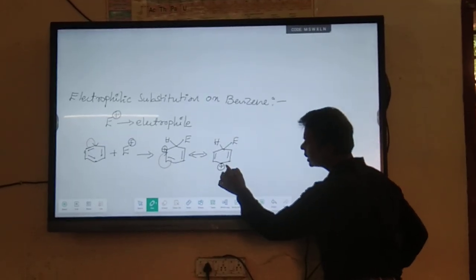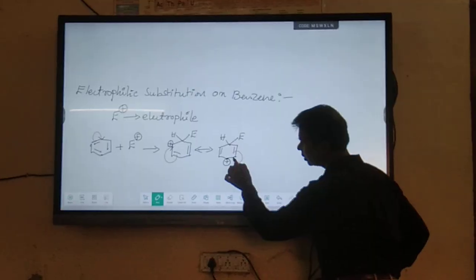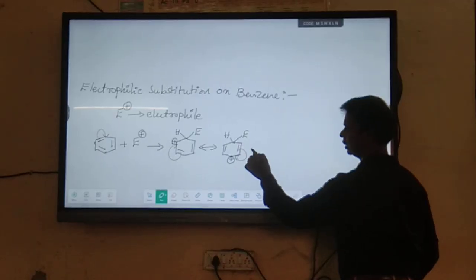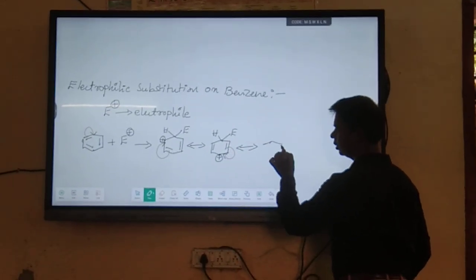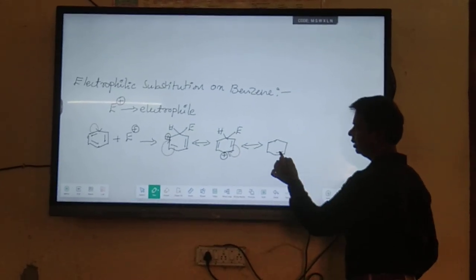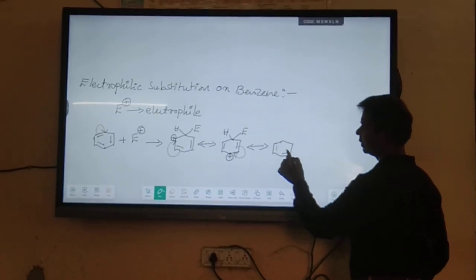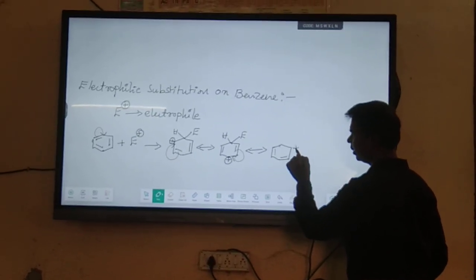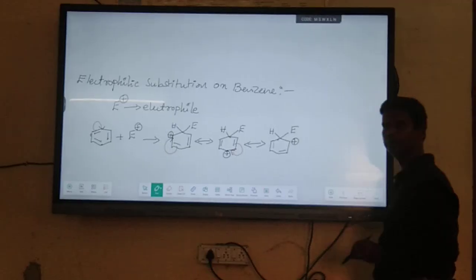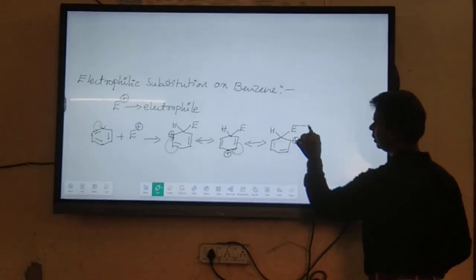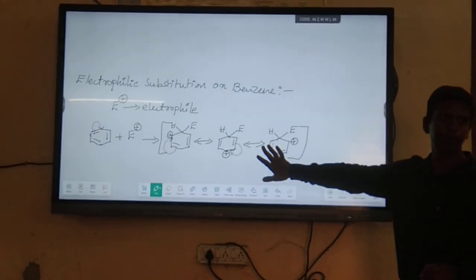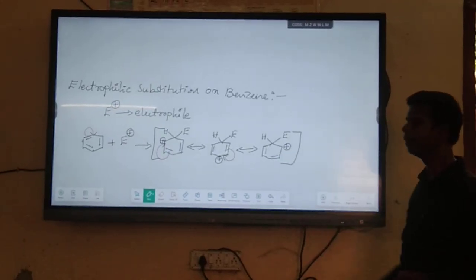Now this positive charge can be neutralized by the pi electrons shifting from here to here. When the pi electrons shift, the double bond will be here, and here it gets the positive charge. Understand? So these are the resonance canonical structures of benzene.